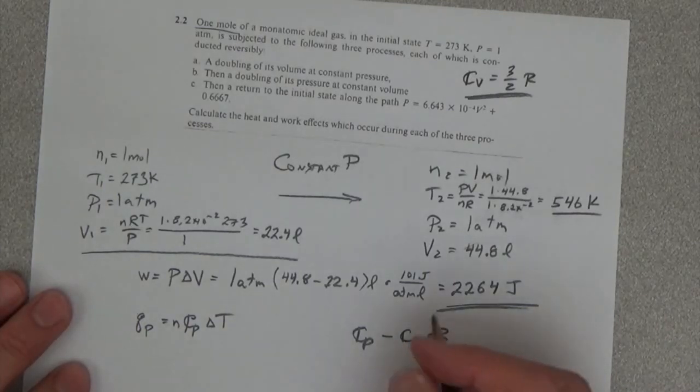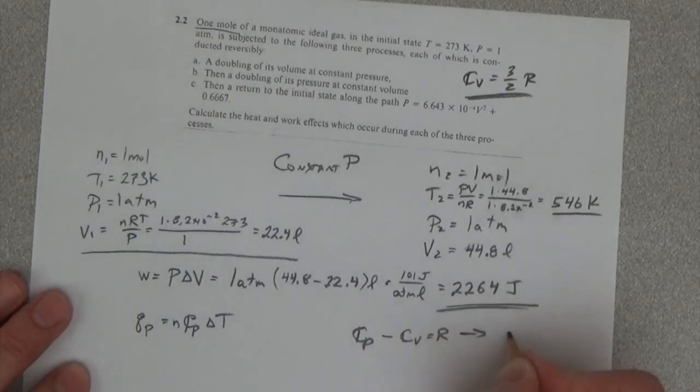So that means that Cp is equal to 5/2 R.